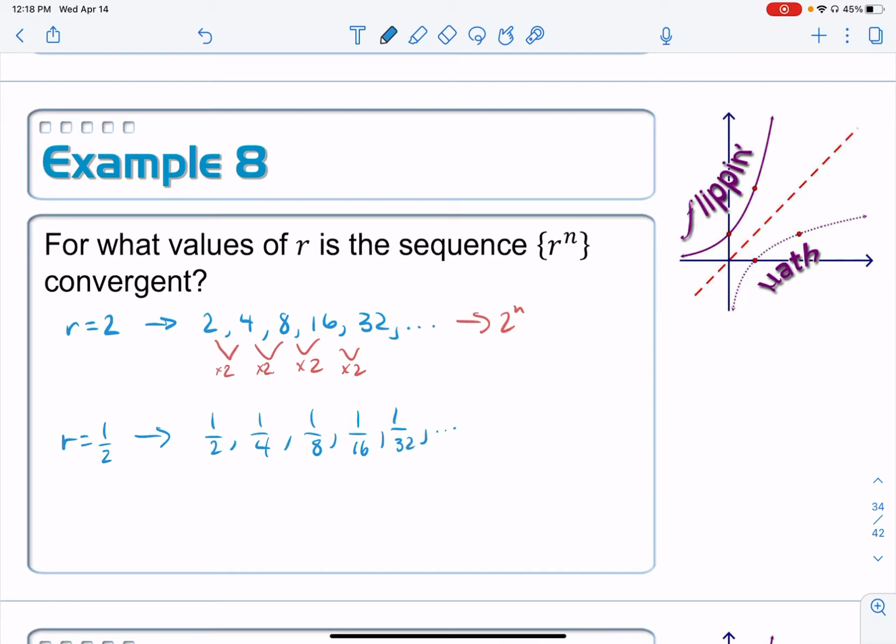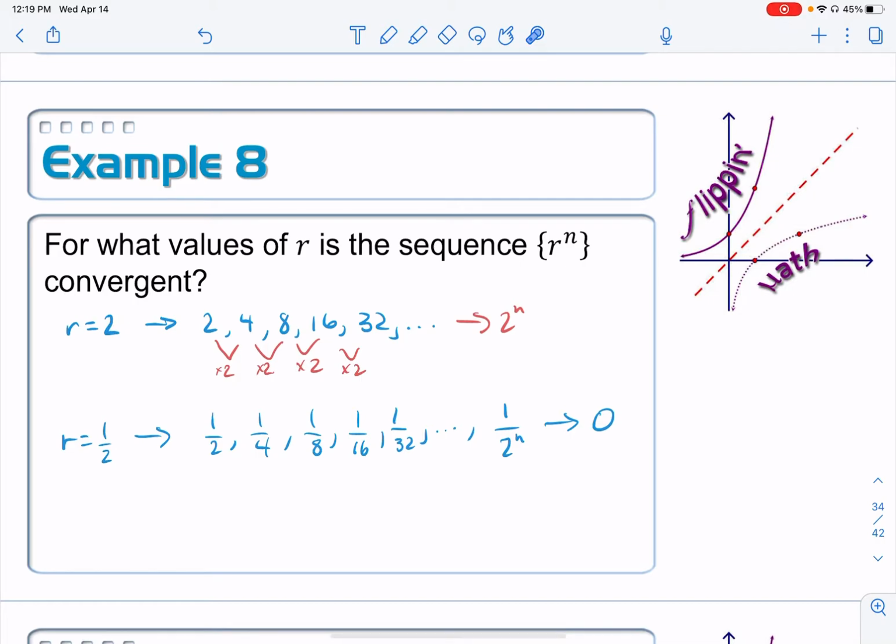You can see that these terms are getting smaller and smaller. This is identical to the one we looked at in the previous video, 1 over 2 to the n, and that one converges to 0, which is a good thing. That's what we want: what are the values of r for which this whole thing is convergent? Well, we've found one of them, it's a half.